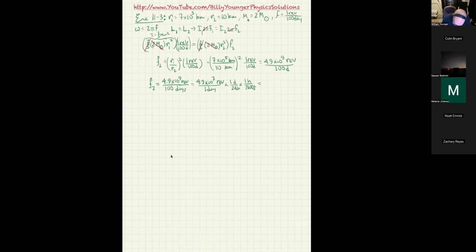And that gives me 567 revolutions per second. So it went from 1 revolution every 100 days to basically about 600 revolutions per second. And that's the answer your book got. Just because they were only using 1 sig fig, they said roughly 600 revolutions per second.